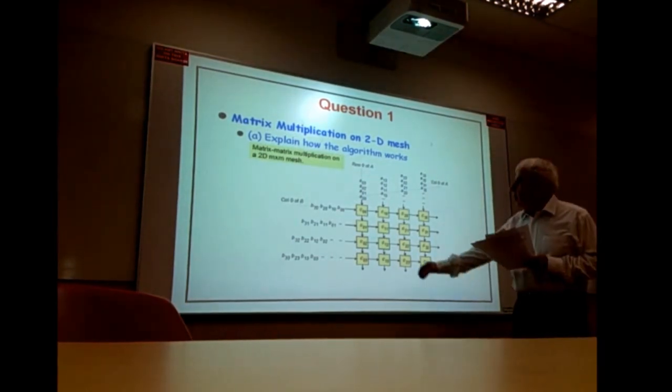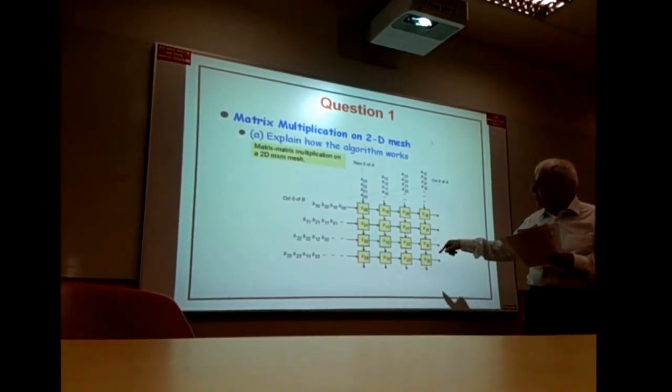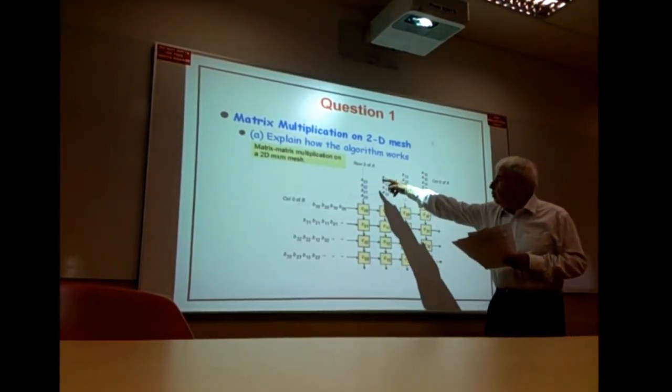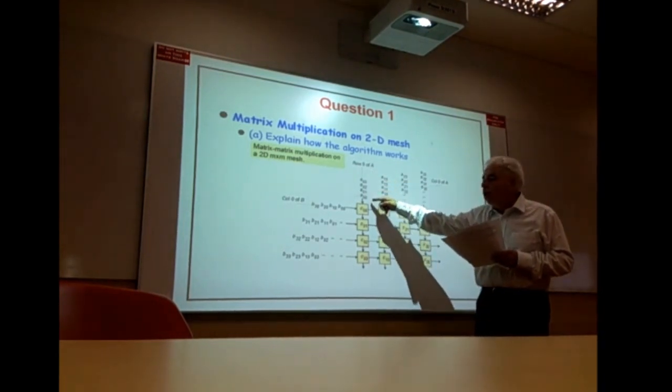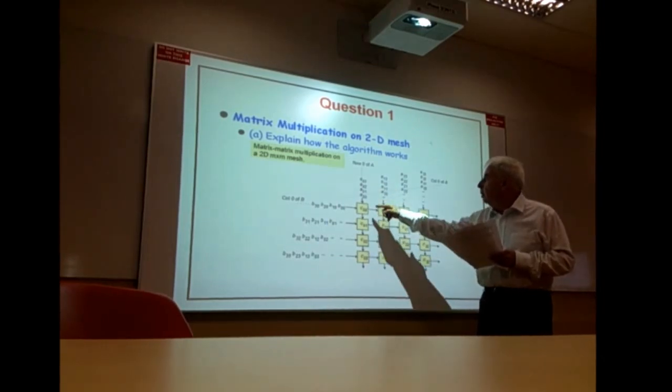So we have a mesh of processors, and we feed a row of one matrix into one column.